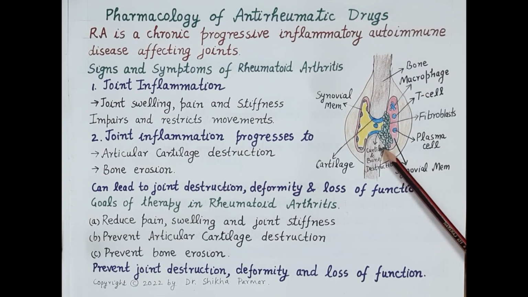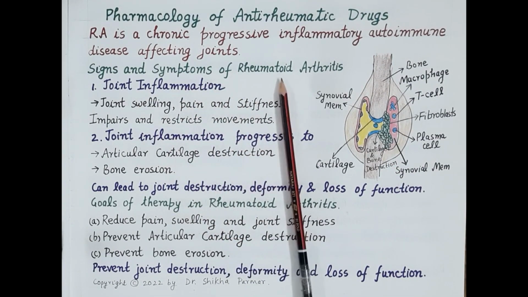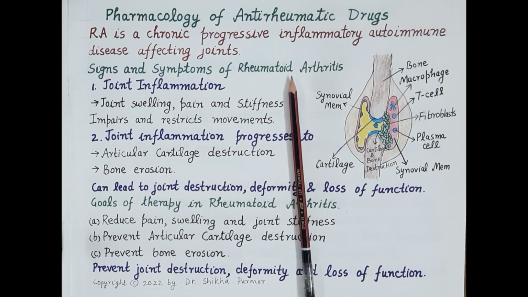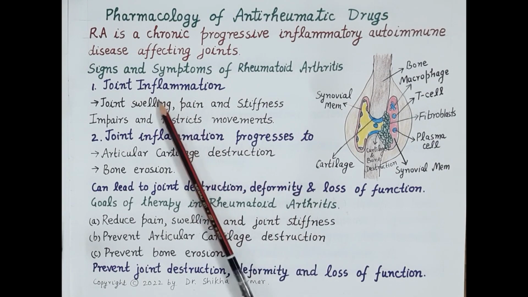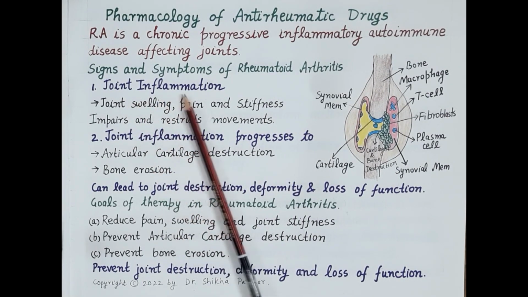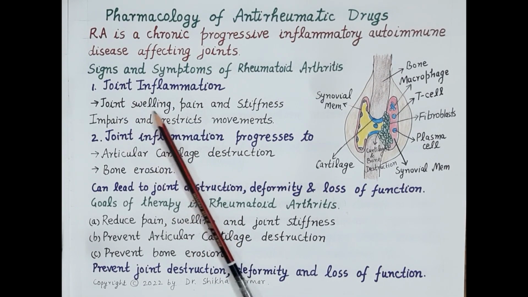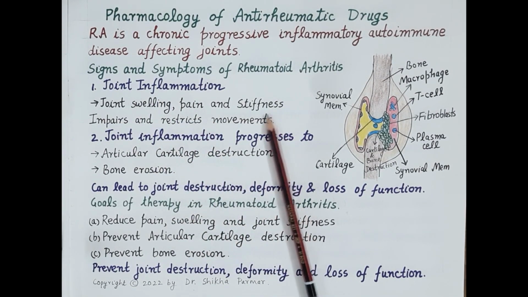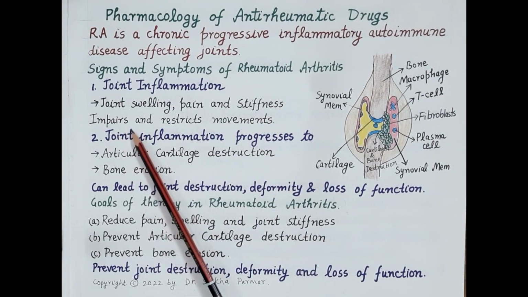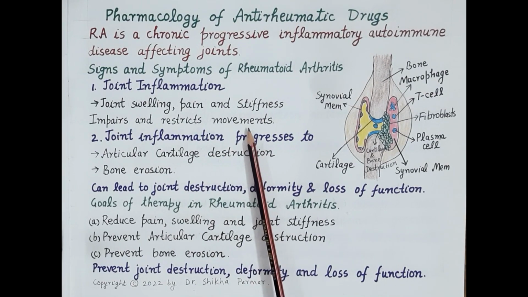Now let's quickly see the signs and symptoms of rheumatoid arthritis. As we all know, rheumatoid arthritis is caused due to joint inflammation, and this results in joint swelling, pain and stiffness. The joints lose their flexibility and this impairs and restricts the movements.